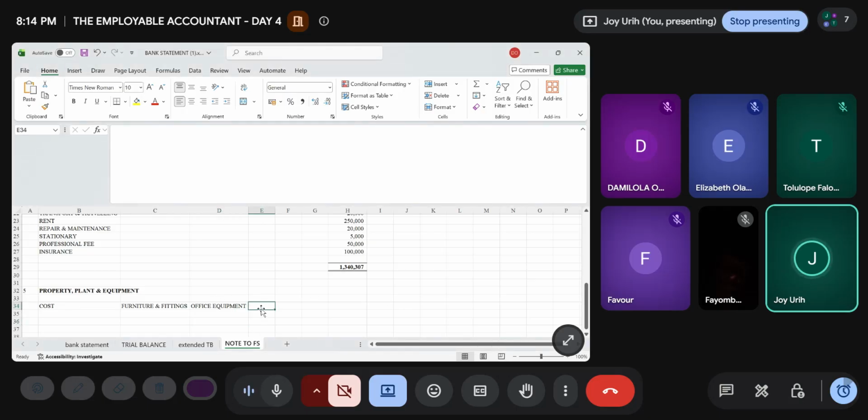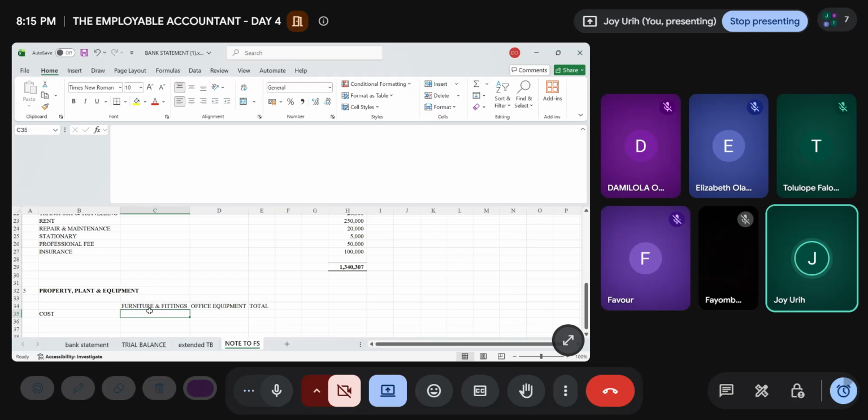Next we'll have a column for total. Now let me bring in the cost. Cost is the cost of purchasing that asset. We know what cost is made up of: the purchase price, the price of bringing the asset to the organization, and the rest.